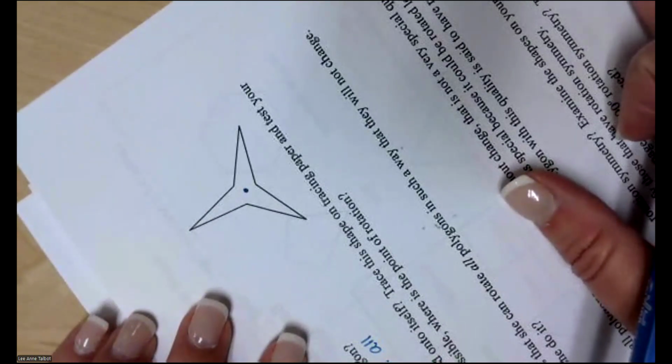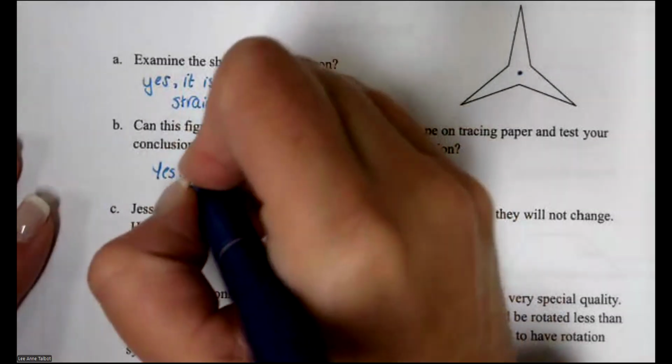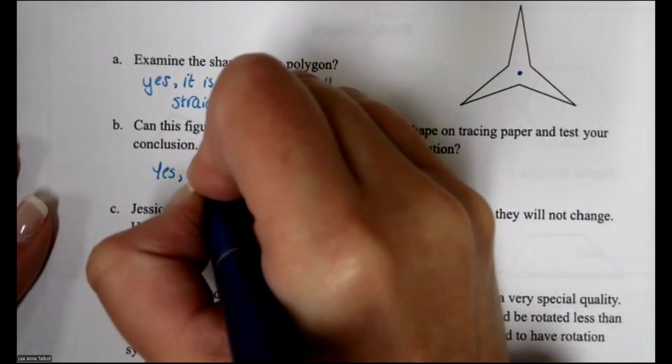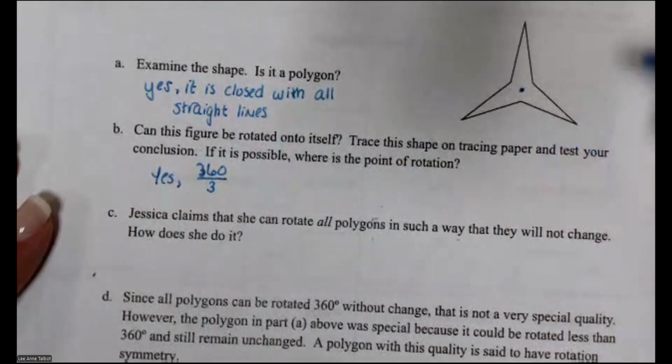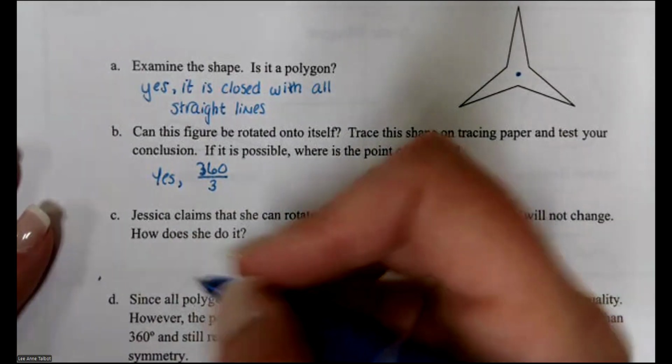Here's 1, 2, 3. Okay. So if you take a full circle, divide it into 3 equal pieces.